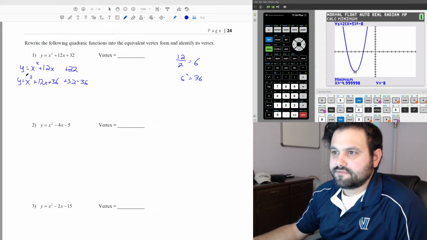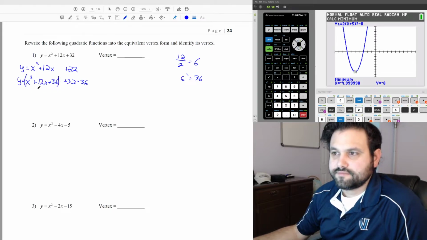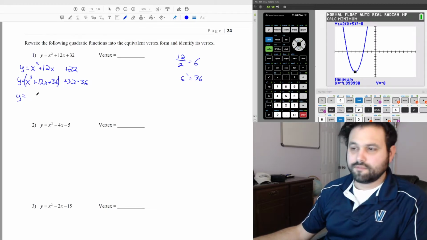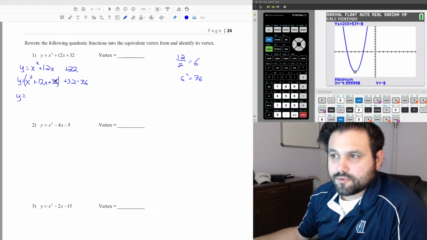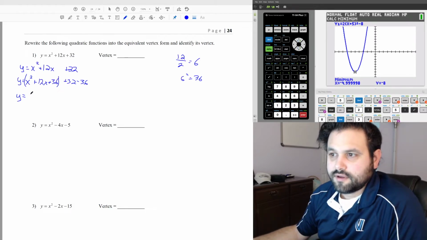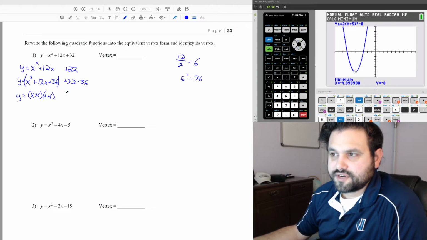Now here's where I kind of group these, right? These first three can be factored. And you can think of it in terms of sum product, what two numbers multiplied will give us 36 and added will give us 12. That would be 6 and 6, so x plus 6 times x plus 6. Combine the like terms over here.